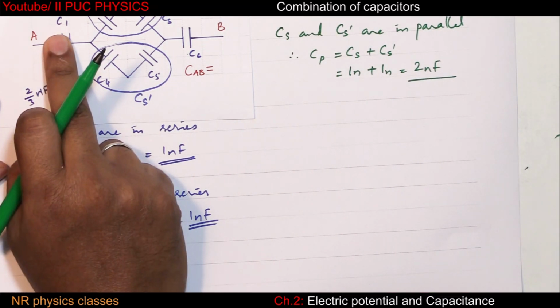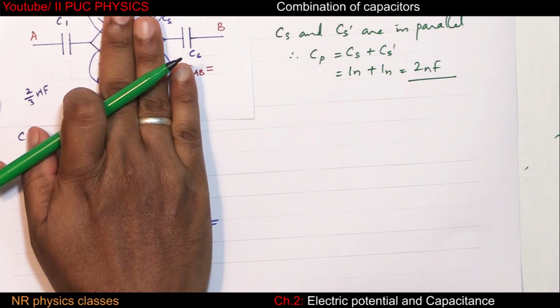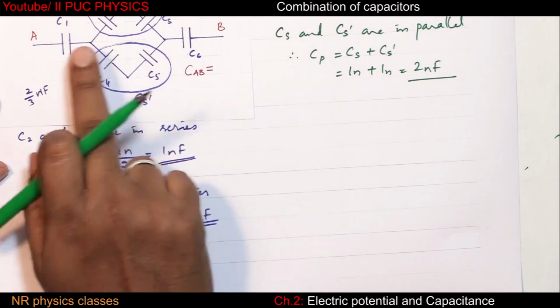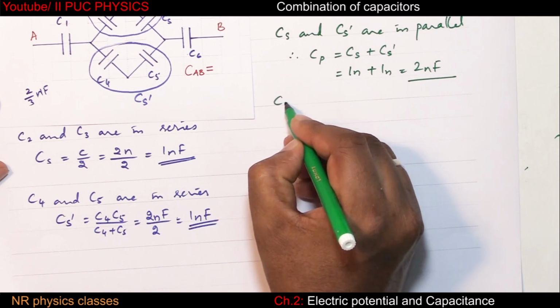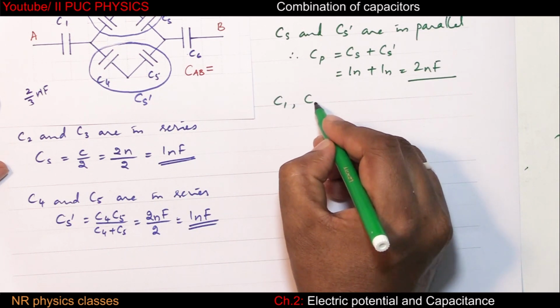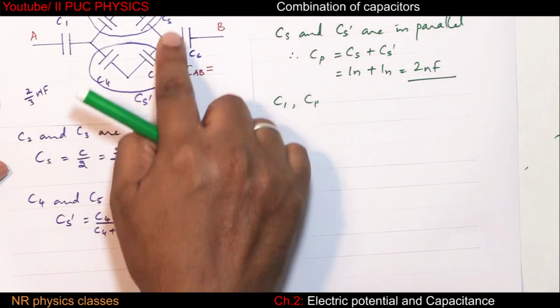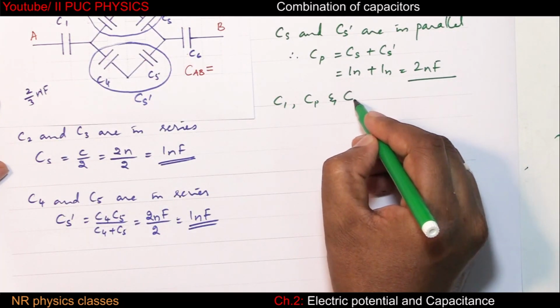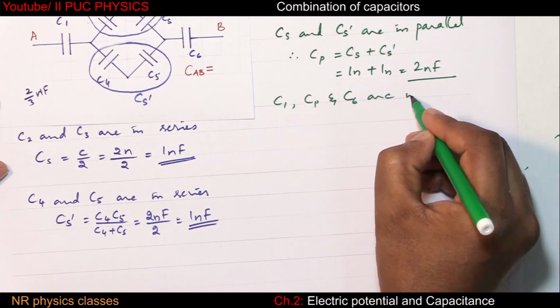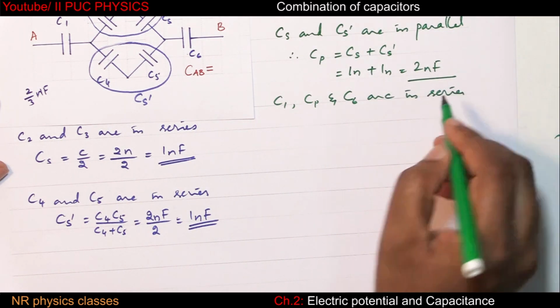Now C1, CP, C6, these three are in series. C1, CP, which is the total, and C6 are in series.